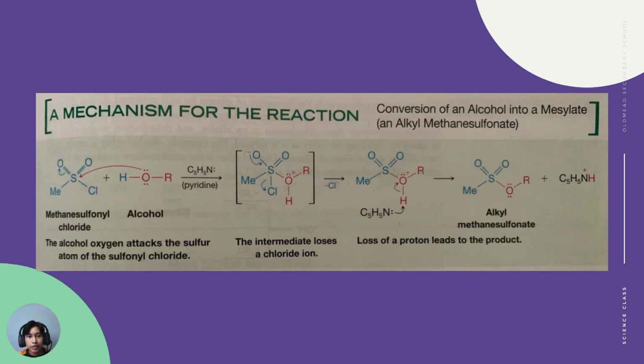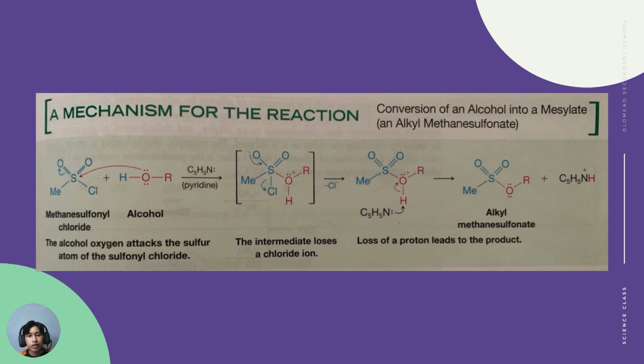This is the mechanism for the conversion of an alcohol to a mesylate, an alkyl methane sulfonate. As you can see here, we have methane sulfonyl chloride. We react it with alcohol in pyridine as the solvent, and it will produce an alkyl methane sulfonate.